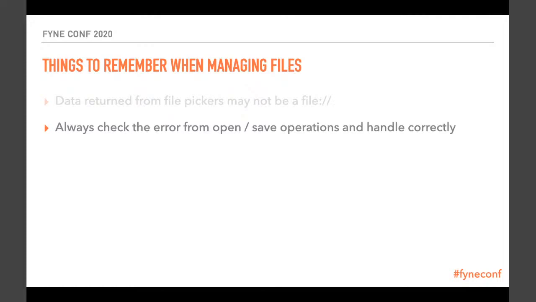You may not want to tell the user the error that occurred, but you're probably going to want to ask them to provide some alternative source of data by showing the picker again. I've seen some applications, for example with recent files, say: I couldn't find that file, should we take it out of the list? So there are no unexpected side effects of those errors.